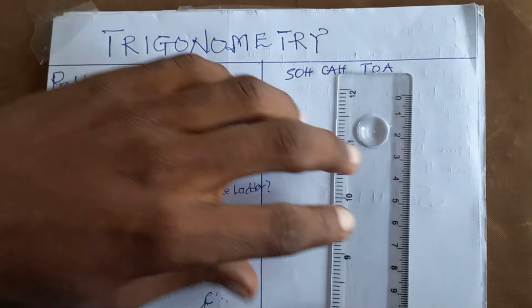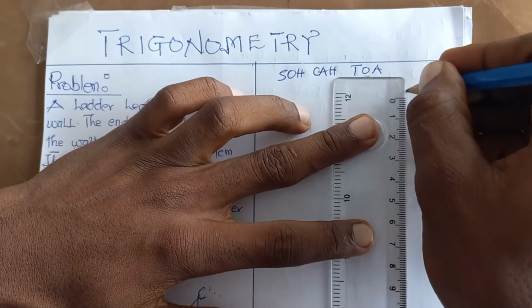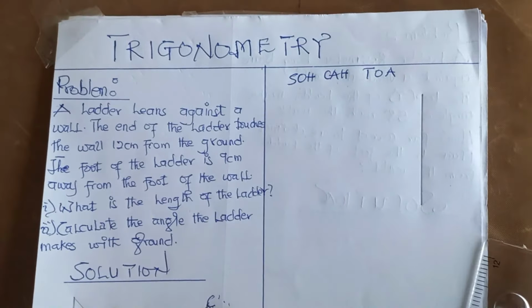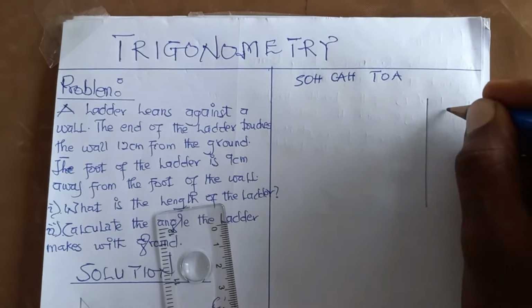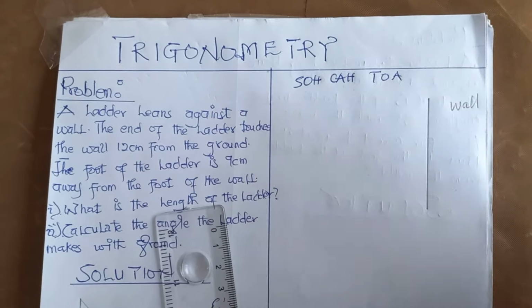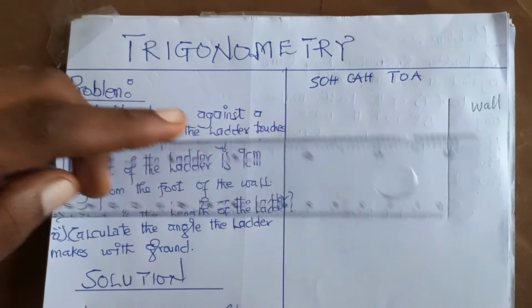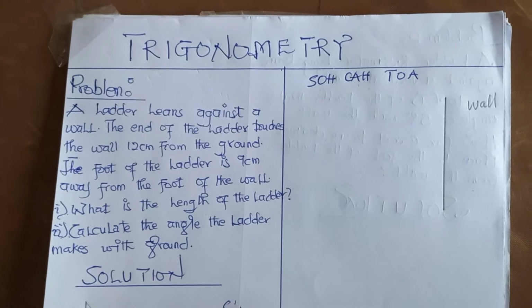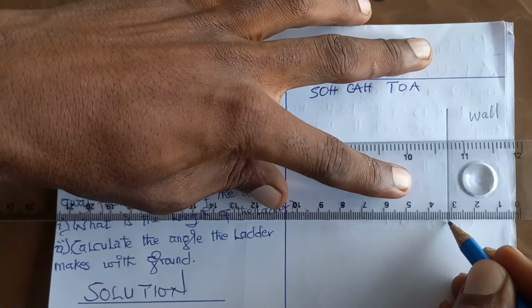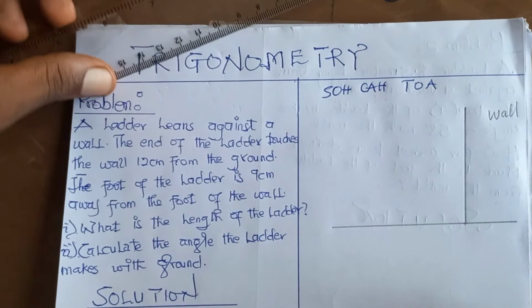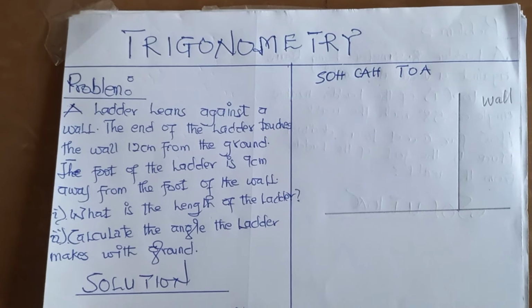So we can say that this should be our wall, like this. So let's say the wall. Then, definitely a wall will get a ground. Good. So let's say this is the ground. It's left with our ladder.